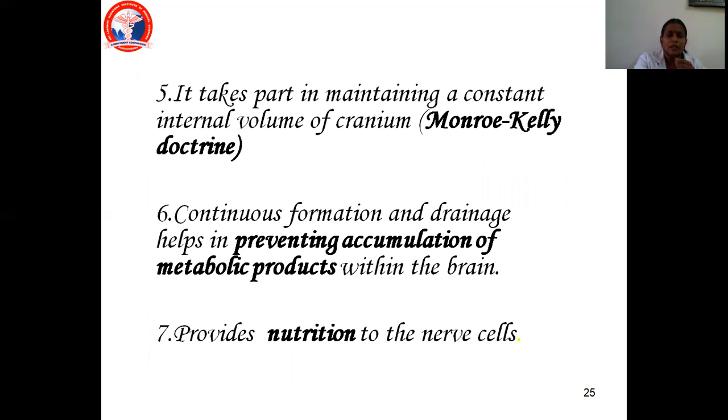And next one, the continuous formation and drainage helps in preventing accumulation of metabolic products within the brain. And next one, it provides nutrition to the nerve cells.